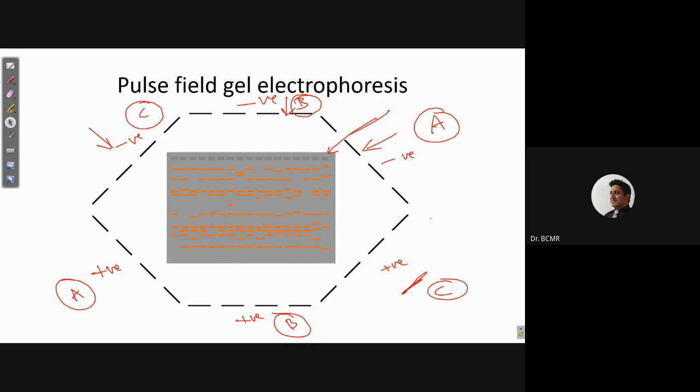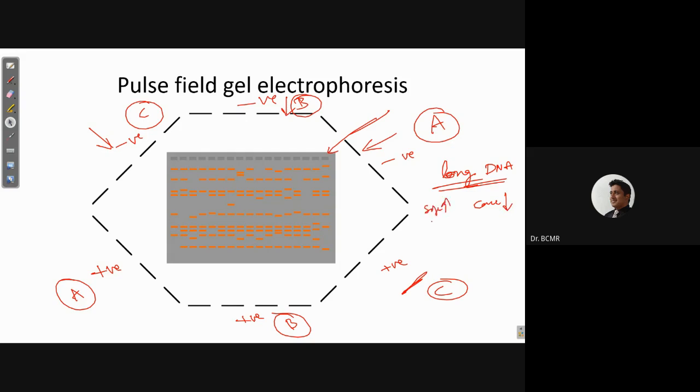Why do we need that? First of all, when we want to electrophorese very large DNA, the greater the size, the lesser the concentration of agarose should be.